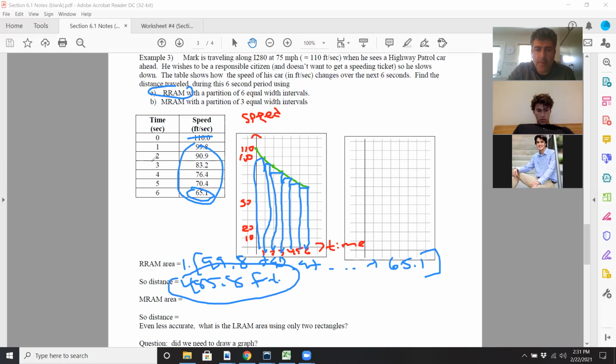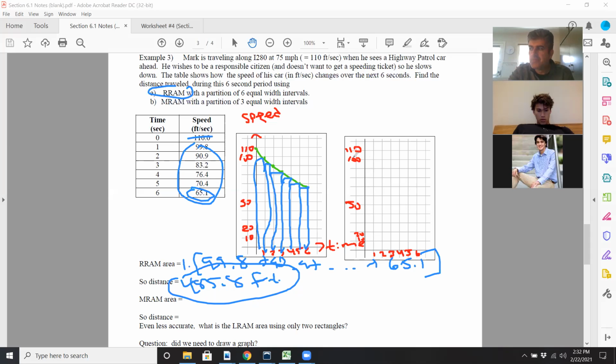Now, what if I want to do an MRAM area with 3 intervals? So just to do this a little more quickly, here's 1, 2, let me change colors actually. 1, 2, 3, 4, 5, 6, 10, 20, 30, 40, 50, 60, 70, 80, 90, 100, 110.